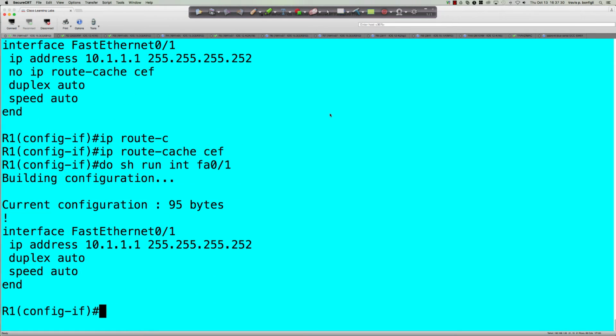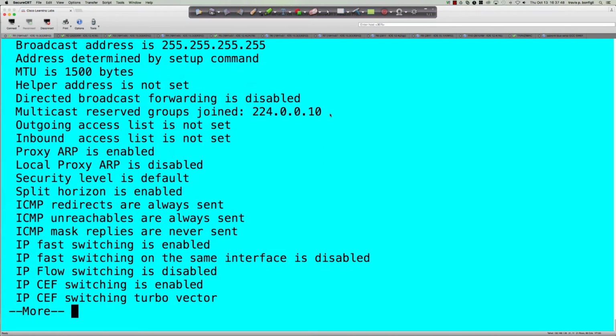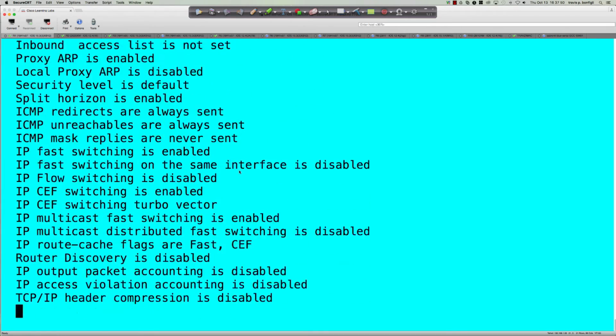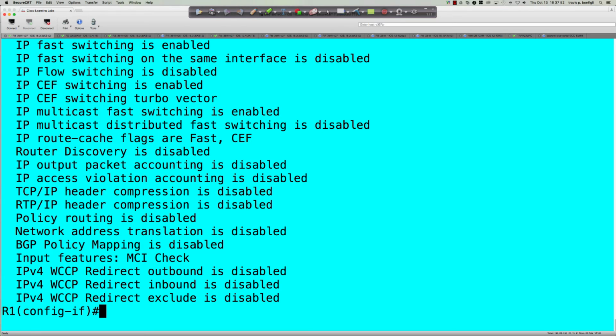Remember, with Cisco, it is very popular, about 99% of the time, that the default setting will not be there. And so we said ip route-cache cef, that's the default, so it doesn't show up there. But let's check. Do show ip interface Fa0/1, is CEF switching back on? And it is. IP CEF switching is enabled.